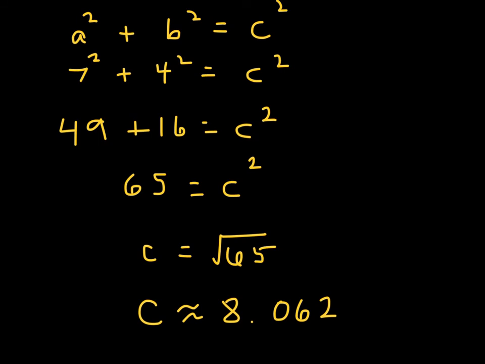But again, this is an exact answer here, and here, this is an approximation. So that's very important that we differentiate between our answers on what is exact and what is approximate. So this is exactly equal to, and this is approximately equal to.